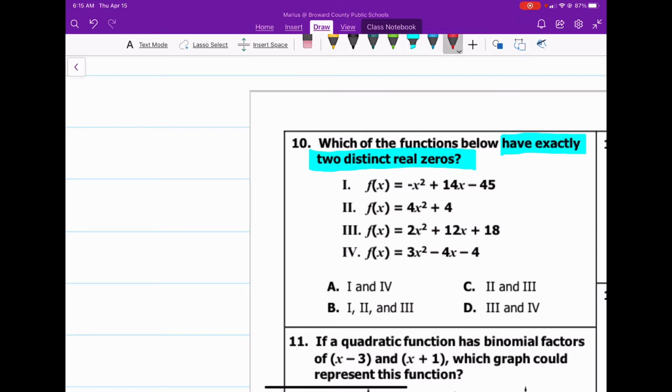Now, in order to come up with our real zeros, we need to use our discriminant, and the discriminant is equal to b squared minus 4ac.